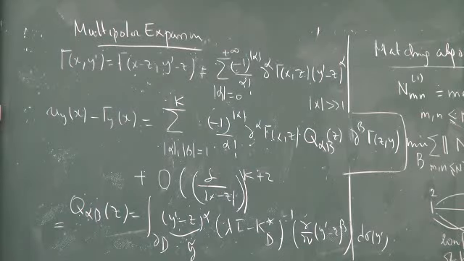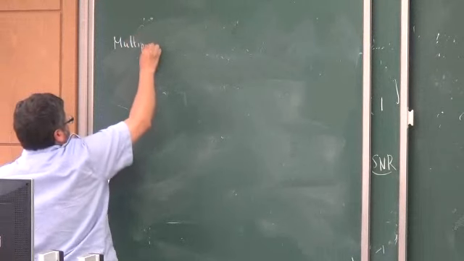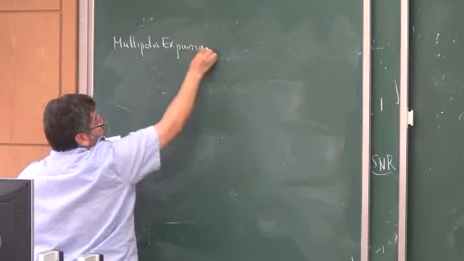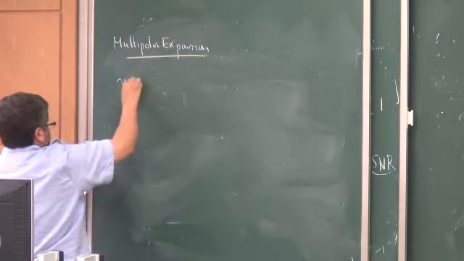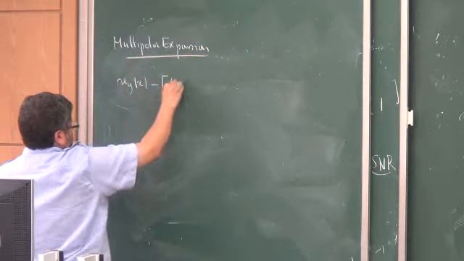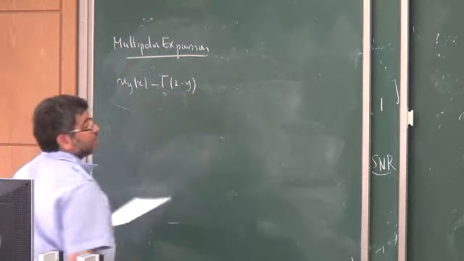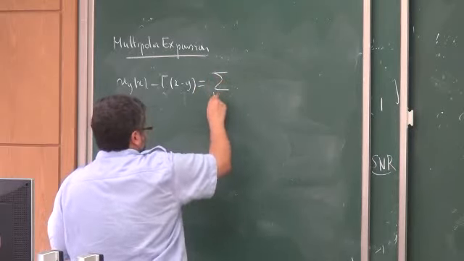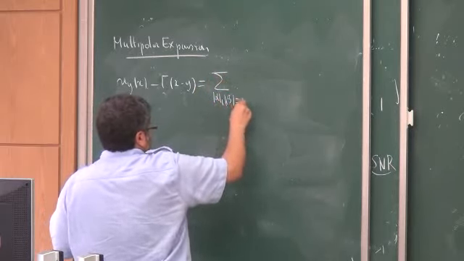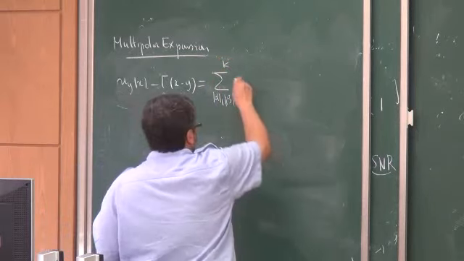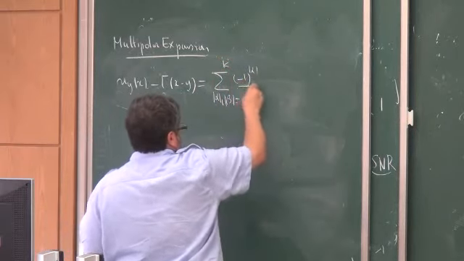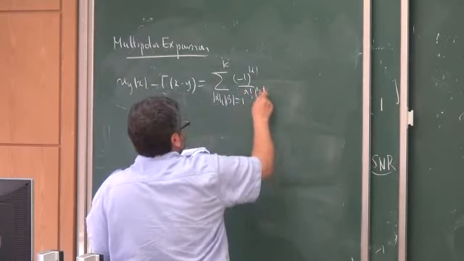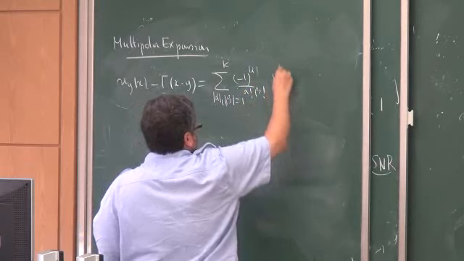Donc, multipolar expansion. The difference of the Green's function, which I call gamma_y(x), is equal to the sum over alpha, beta from 1 to k, minus 1 to the power alpha, delta to the power alpha plus beta the size of the inclusion.